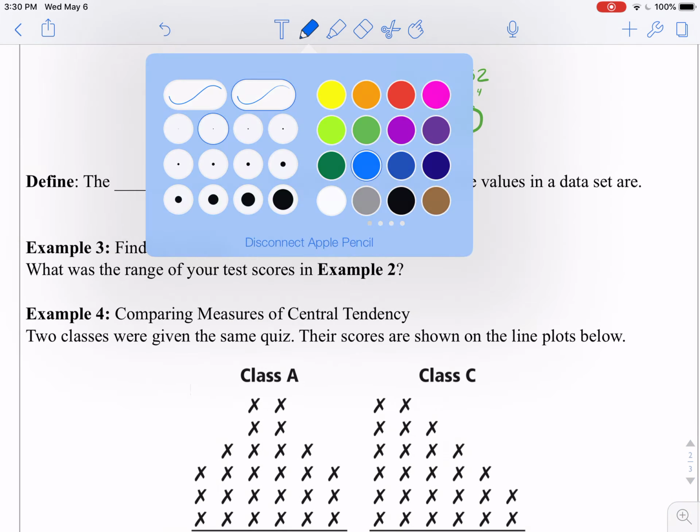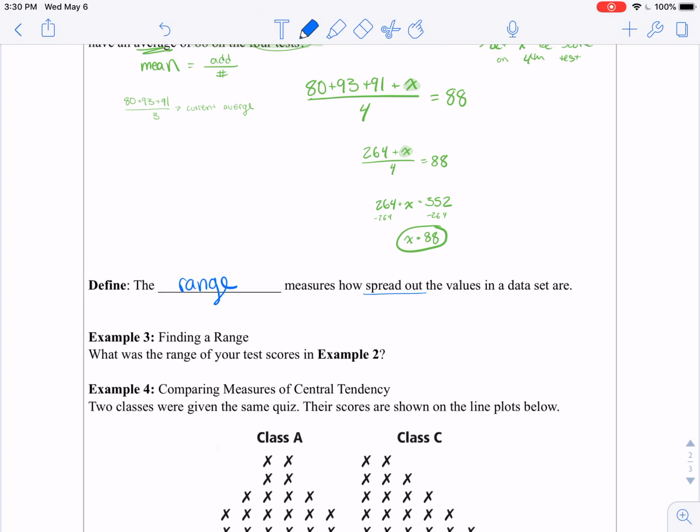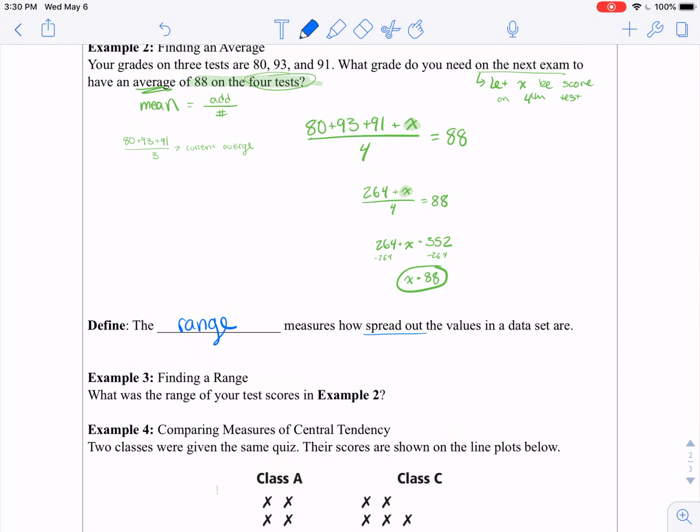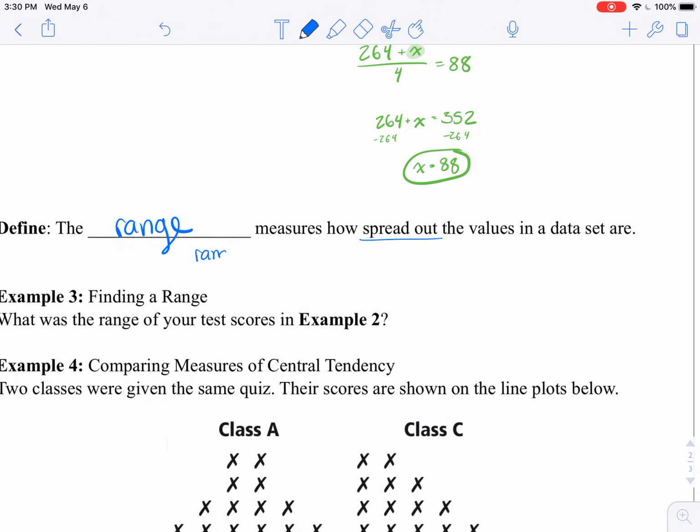Let's talk about a range. Oh, look, I gave it away. Your range is going to measure how spread out your values are. For example, here, oh, I didn't even tell you how to find it. Look at me go. So the range is equal to the greatest value minus your smallest value.